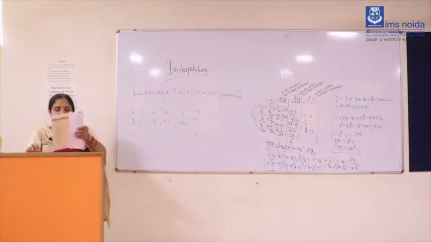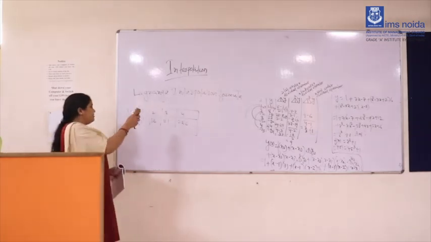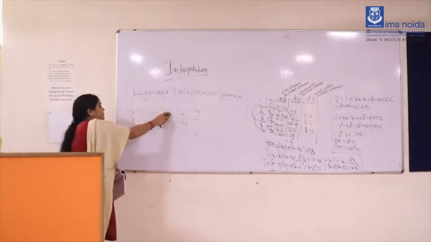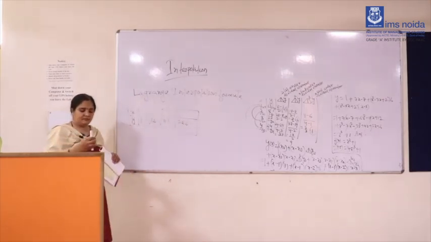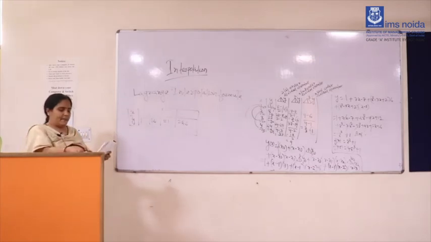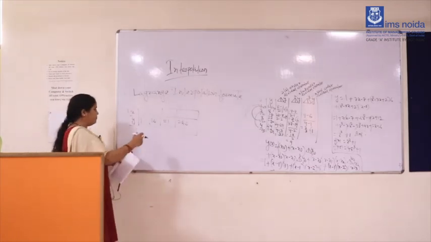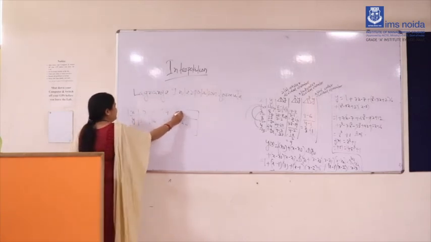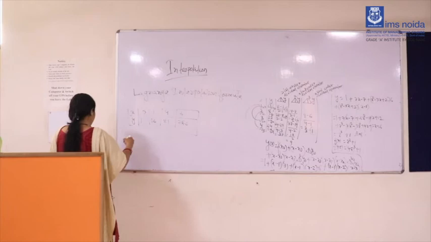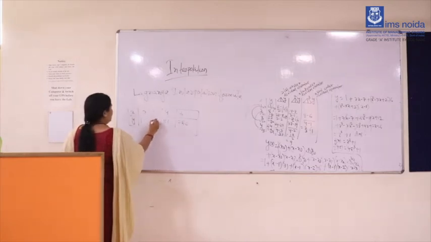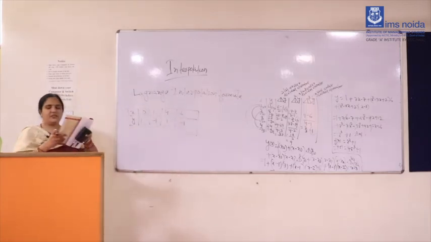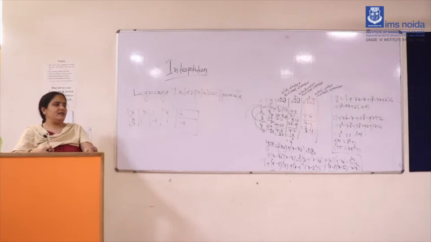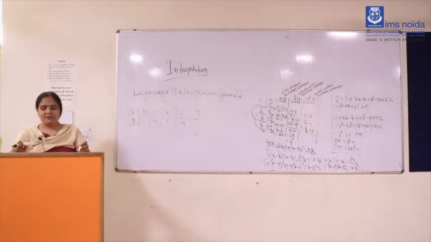Suppose the values are given as 0, 1, 4, 6, and the corresponding y values are 1, minus 1, 1, minus 1. Unequal h should be there. You can see the h is quite different, and h means the difference in x values. You have to apply the Lagrange interpolation formula.